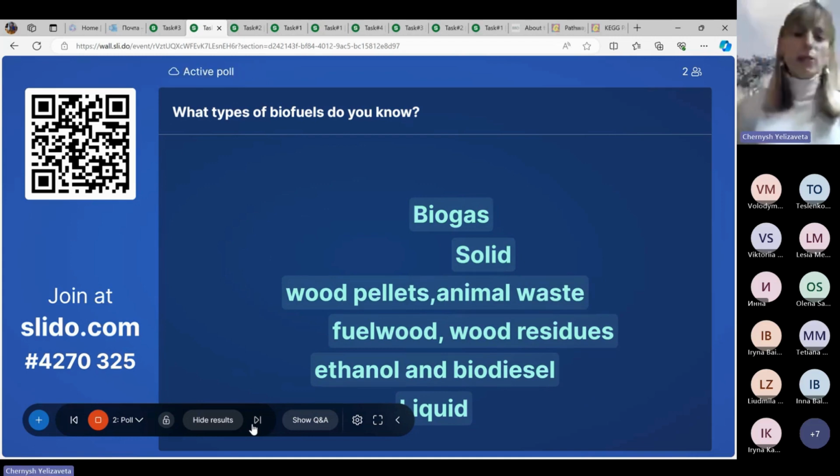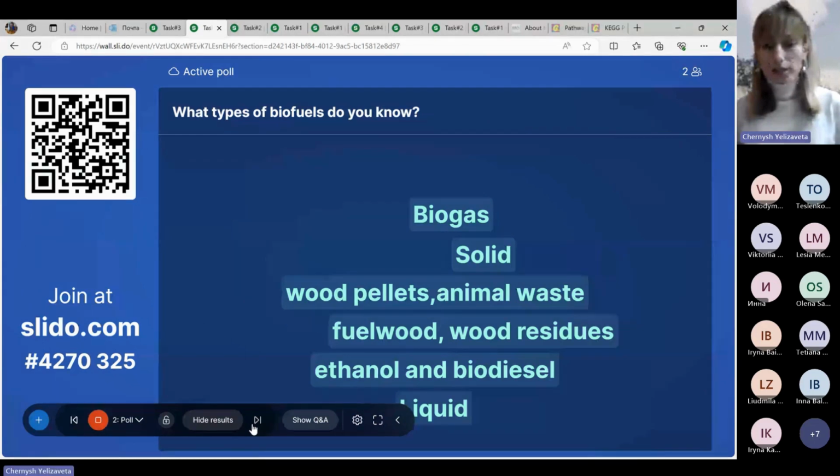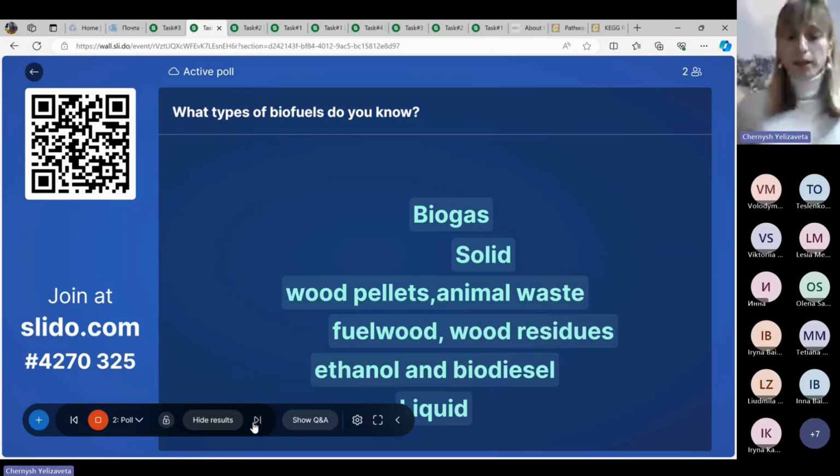Animal waste is not directly a biofuel, but it's a feedstock that can be used for the production of biofuel. So note some moments of this. Okay, thank you for your activity.